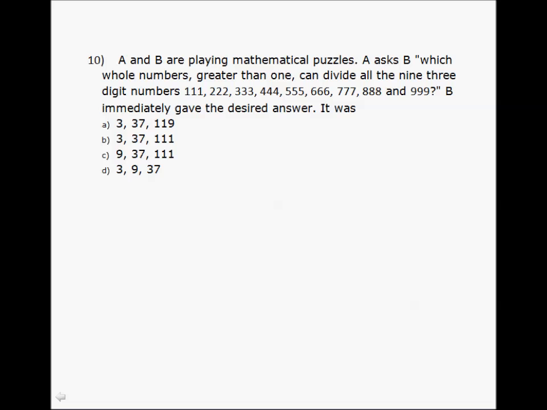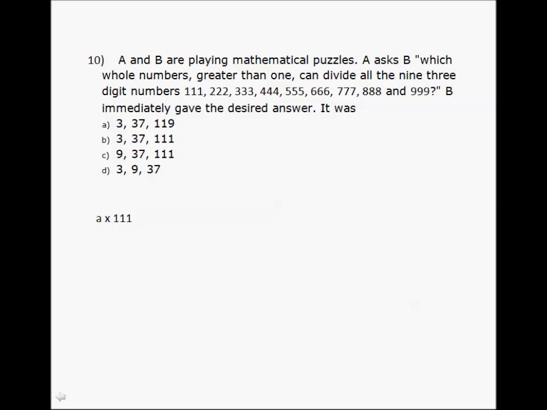If we see, these numbers can be written as A multiplied by 111. So 111 is a common factor of all these numbers, where A can be 1, 2, 3 up till 9. So what numbers would divide this kind of number? All those factors of 111 would divide any of these numbers, right?